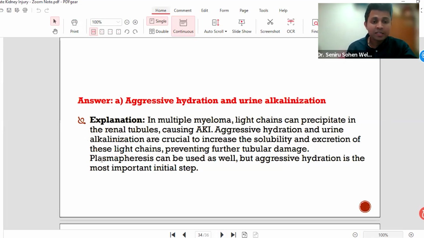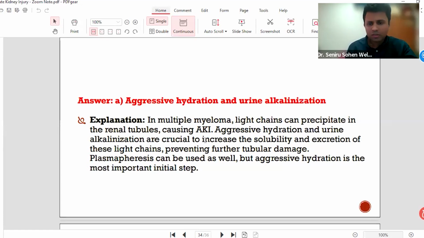So as I mentioned earlier, plasmapheresis and steroids also can be used, but that will help control the myeloma, but hydration would be the most important initial step.